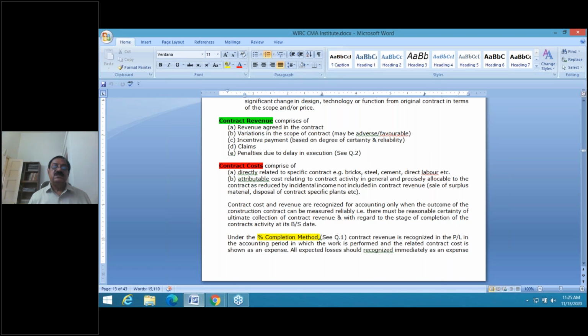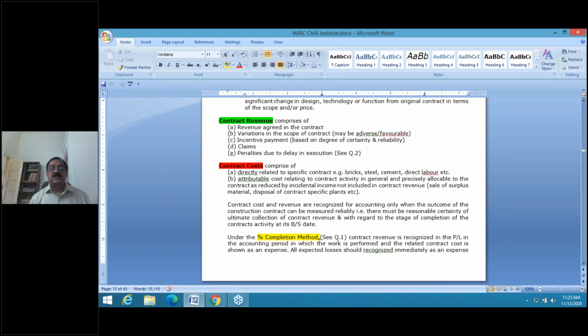One is variation in the scope of the contract. If the scope of the contract is extended or reduced, accordingly your price may change. So that variation is also part of your contract revenue, may be adverse, maybe favourable. If the contract scope is extended, obviously revenue will increase and vice versa.